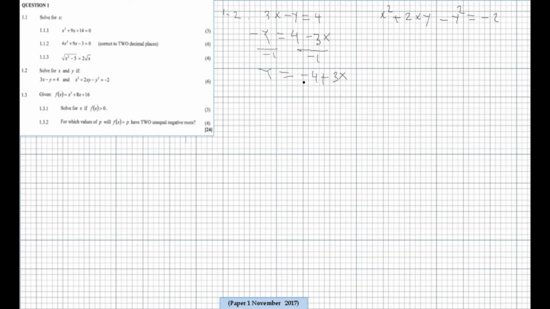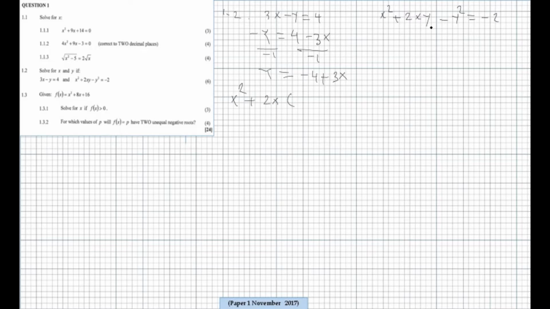So now what I'm gonna do is replace the y of the second equation by this expression. I start with x squared plus, I repeat, 2x.